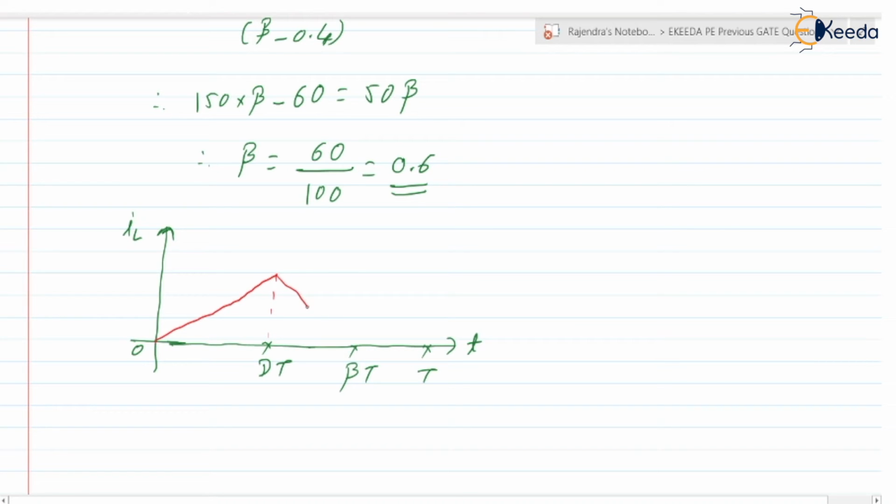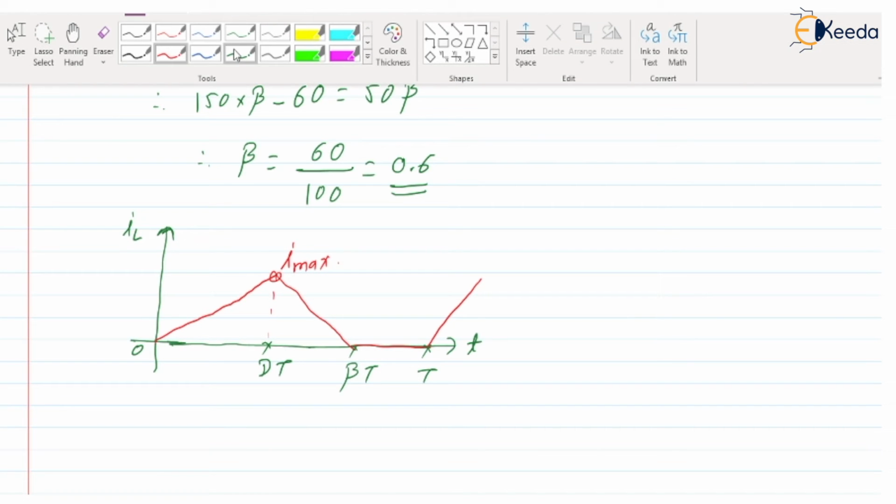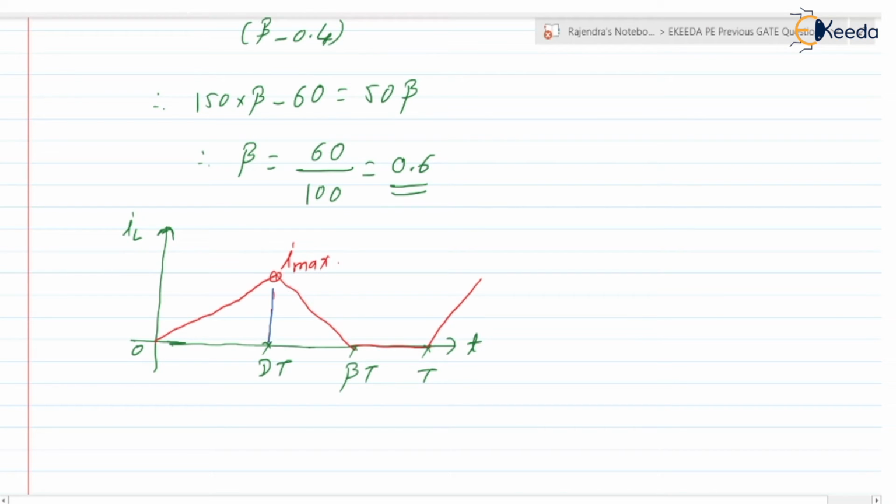After that the inductor releases the energy, and again it will be 0. Next, after T, the inductor again starts storing the energy. This is nothing but Imax. Now roughly, if we draw the waveform of iL, the average will be Imax by 2. We can write this as delta iL.